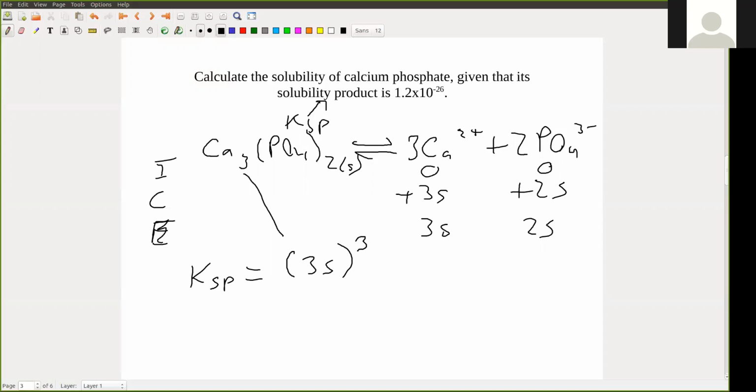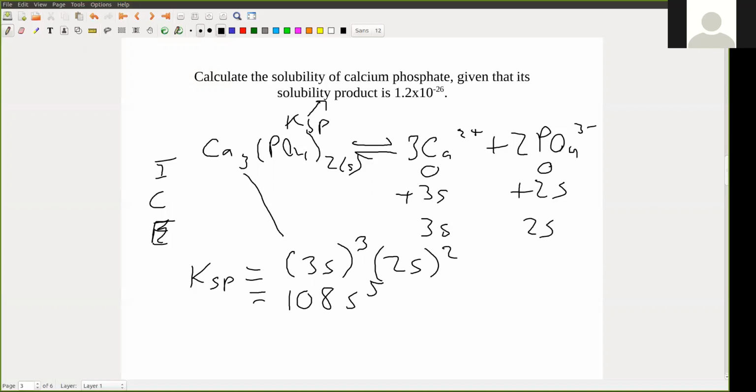So it's 3s cubed. And similarly for phosphate, it'll be 2s squared. And if you FOIL everything out or expand all the exponents out, you would end up getting 108 s to the 5th power.